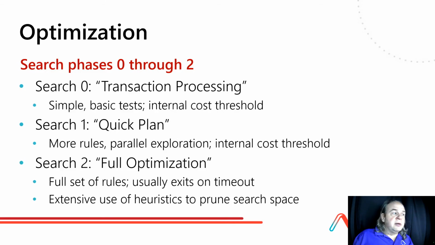And so these are the heuristics that I refer to here, things that it can do so that it doesn't have to look at every single possible query, and that it can look at them in a smart order. These aren't always 100% perfect, but they generally work pretty good.